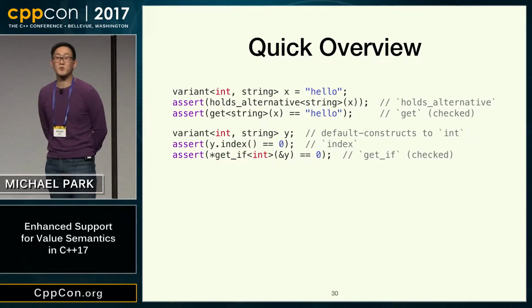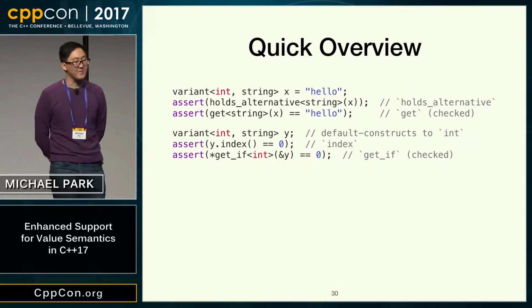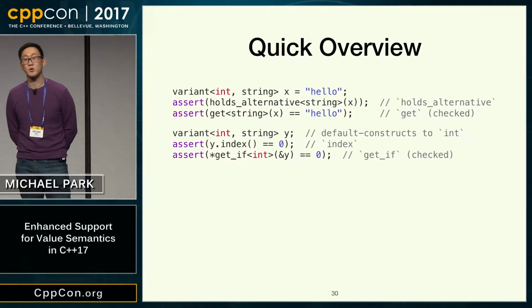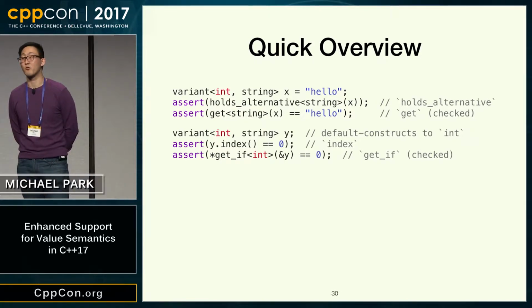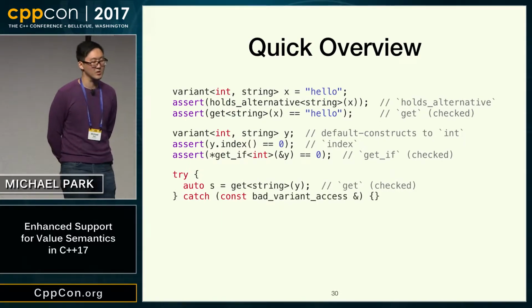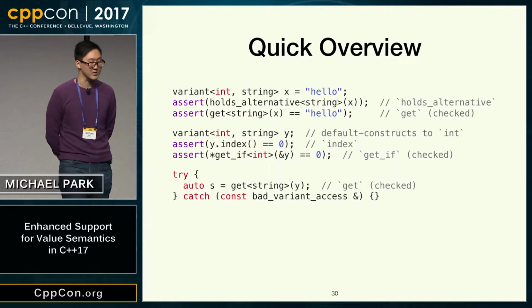Not particularly useful unless you're writing some kind of generic program. And a get_if function, which is another checked access, except it gives you a null pointer on failure as opposed to throwing an exception. The get function is a checked accessor that will throw an exception upon failure.